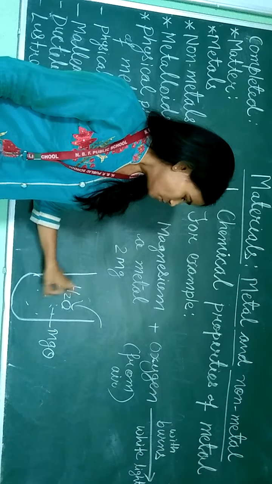Then, to check whether the nature of the metallic oxide is acidic or basic, you can put some litmus solution. You have heard about litmus paper and litmus solution in your previous class. There are two types of litmus solution: red litmus solution and blue litmus solution.